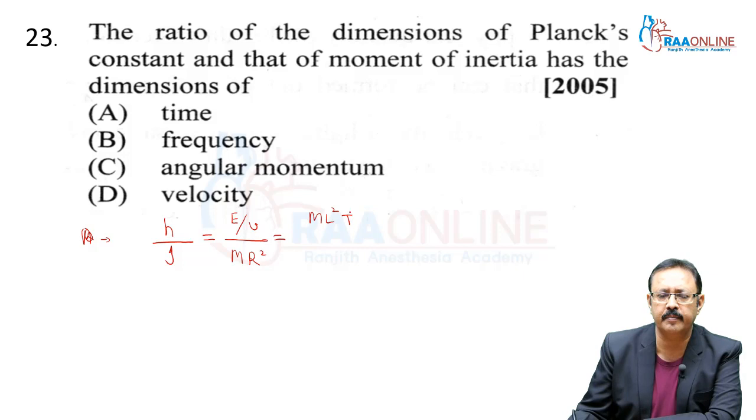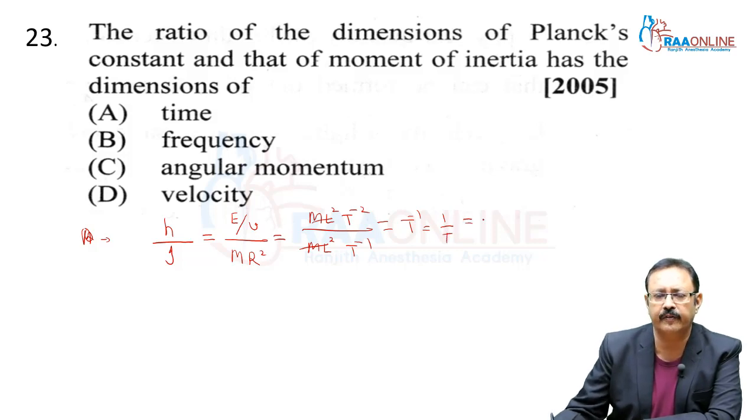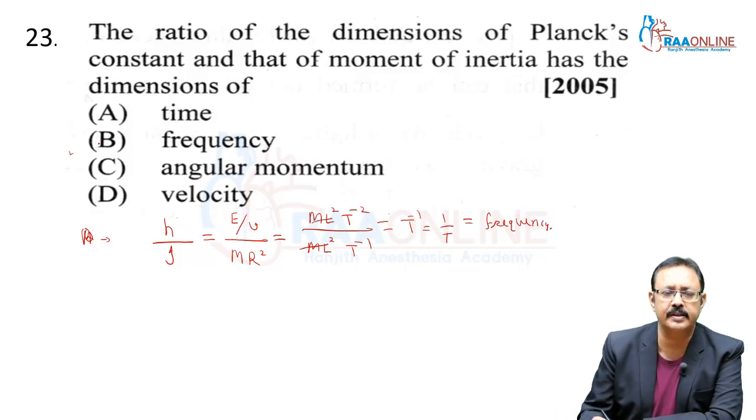ML^2 T^-2. Take frequency in the denominator, it is T^-1. Cancel ML^2 with ML^2. What we are getting is T raised to the power minus 1, which means 1 upon time period, and 1 upon time period is frequency. So we are going with frequency.